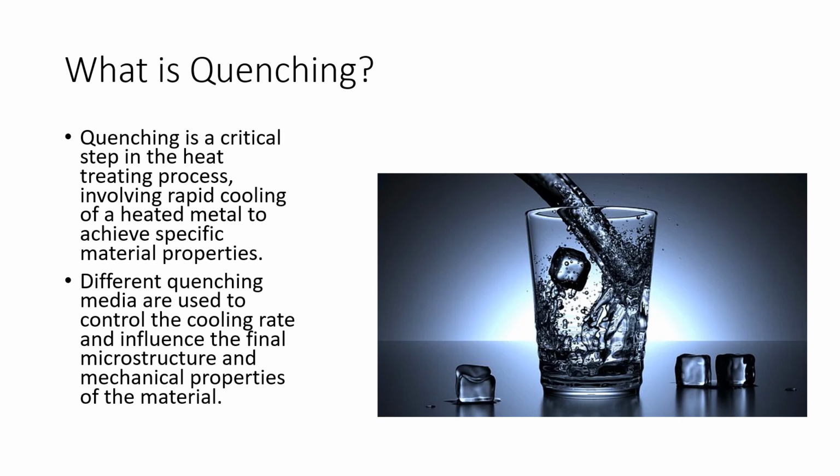Within different industries, there are different quenching media that are used to control the cooling rate. Water is a favorite. It's the first one we ever used, but there are others that we can use. Oils, different types of salts, all kinds of different things that we can use to manipulate the microstructure to get the mechanical properties that we're looking for in that material.